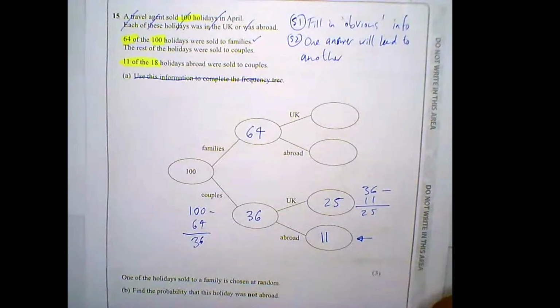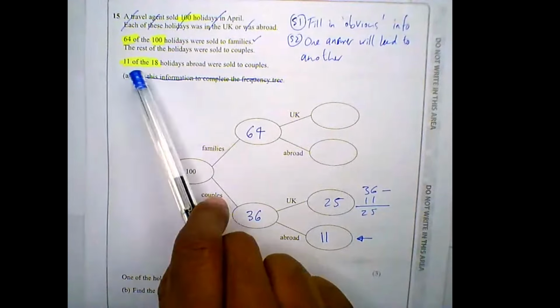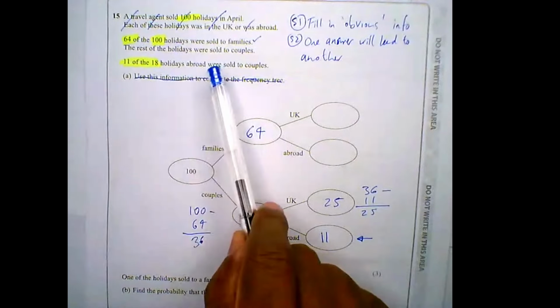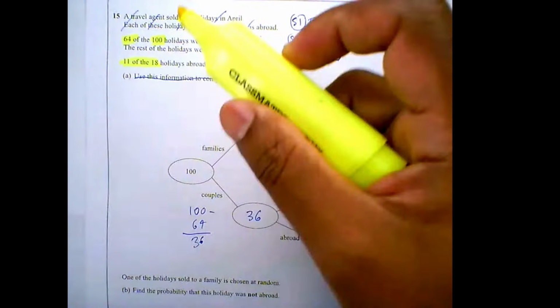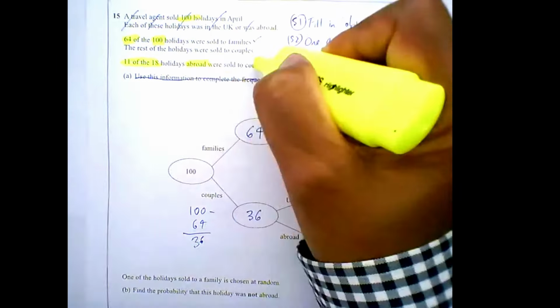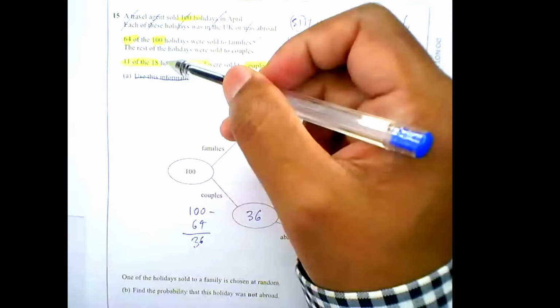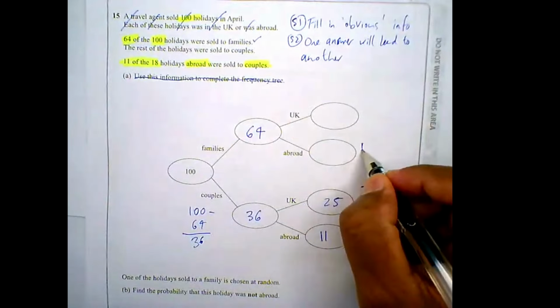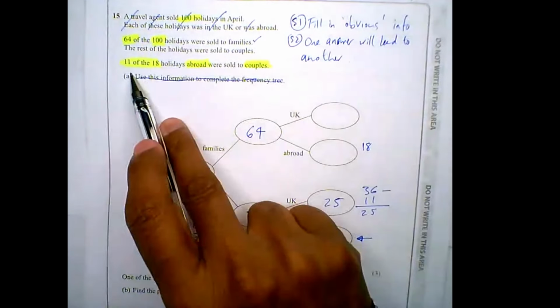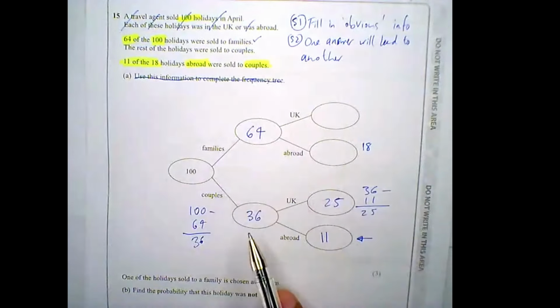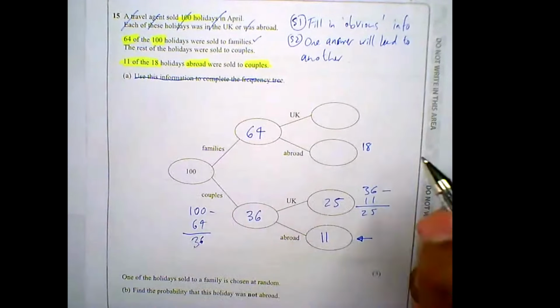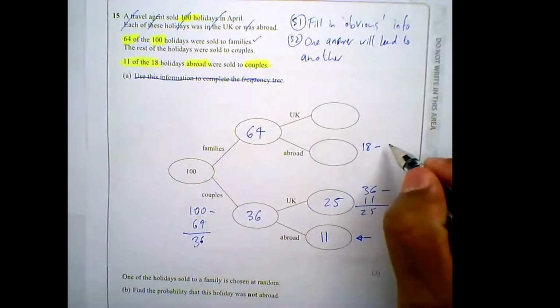And so now 11 of the 18 holidays abroad. So this is abroad. This keyword is missing in my highlighting. So abroad and the couples where there is missing. So we've got 11 of the 18 holidays abroad. So abroad is 18. 11 of them were to couples, which means 18 take away 11 is to families.